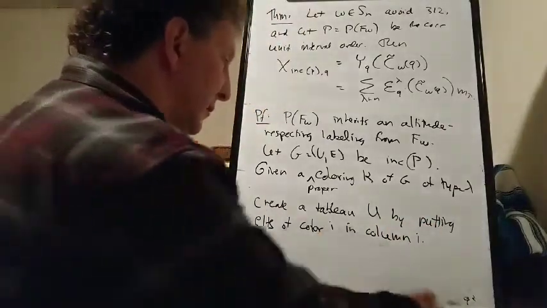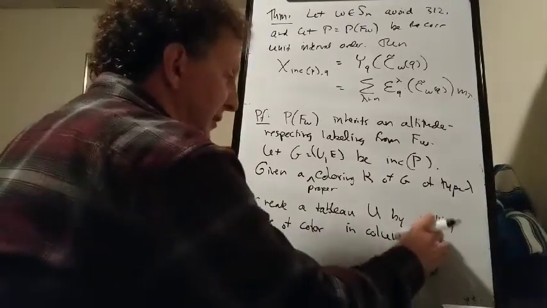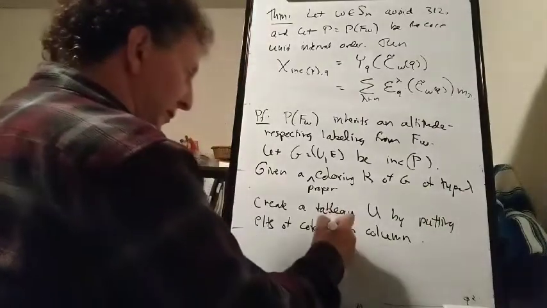Actually, let me use a different letter. Let's put elements of color, let's say C, in column C, so that I can use I for something else.